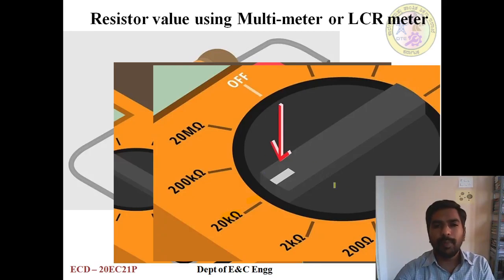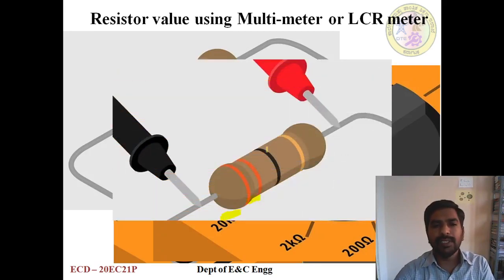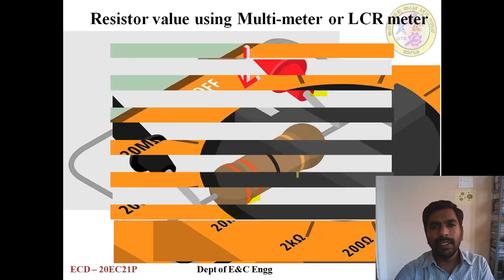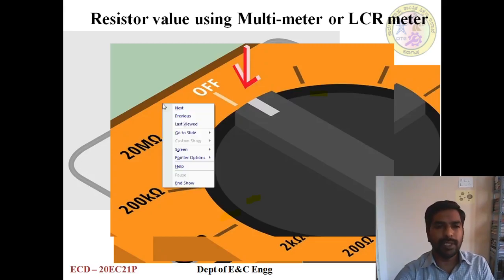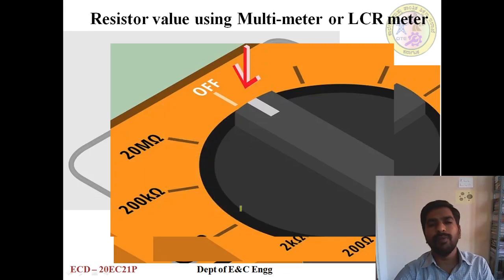After selecting the proper range, place the two leads, one positive and another negative, onto the two terminals of the resistor. It displays the value. After finishing the experiment, we need to turn off the meter, because meters are operated with the help of a battery.